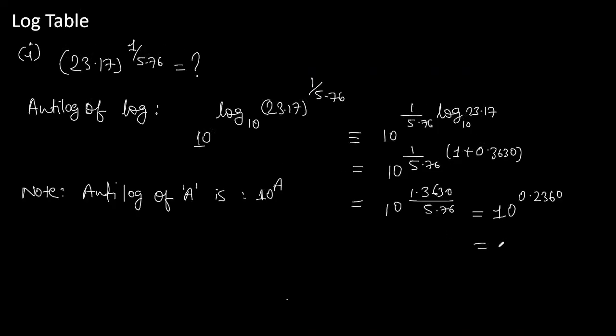This is 1722. 10 to the power 1 is 10, 10 to the power 0 is 1. So 1722, 0.1722, and we got 0.236 and then we have 0.